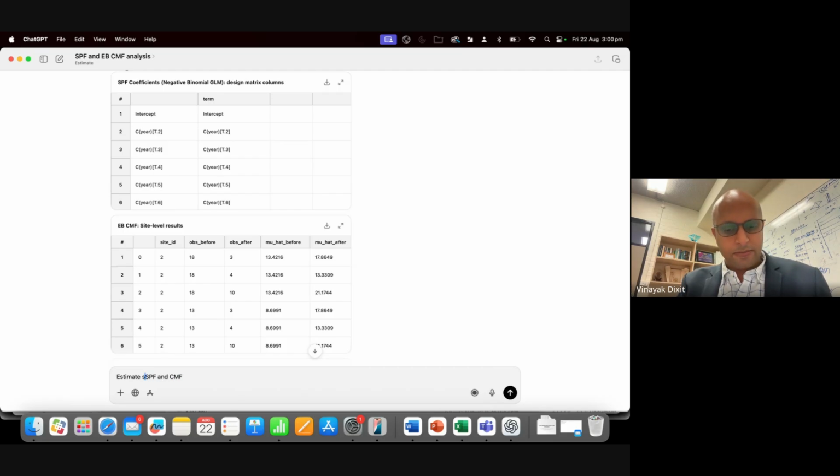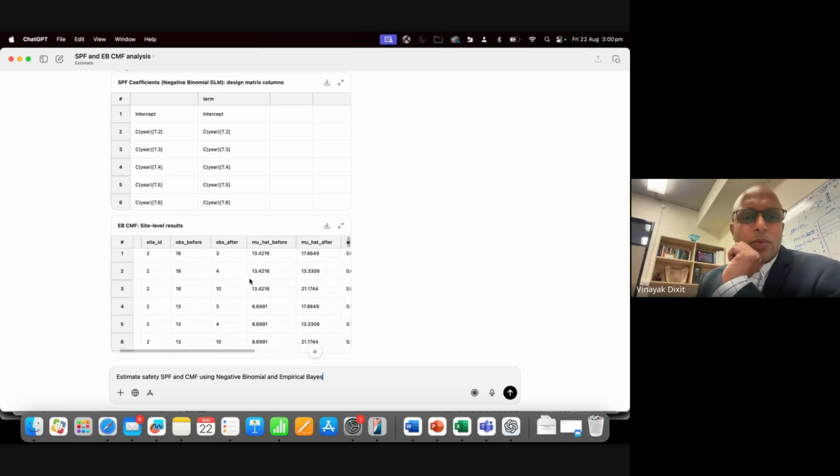Estimate safety SPF and CMF using negative binomial and empirical Bayes. All right, so you can put that in.